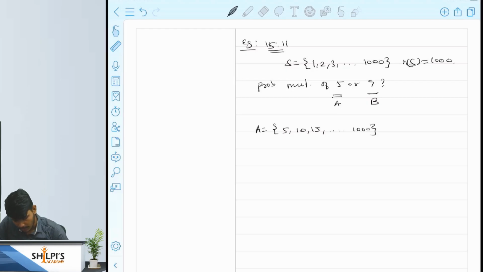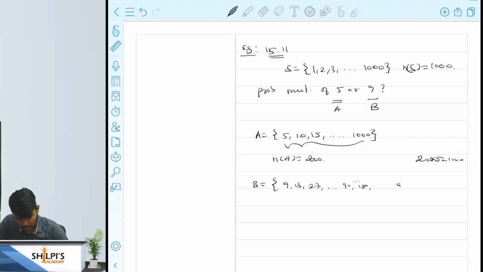So how many numbers will be in the set? 200 into 5 is 1000, right? So surely there will be 200 numbers in this set. Similarly, multiples of 9: 9, 18, 27, it goes to 90, 180, and similarly it goes to 900, 990, 999.